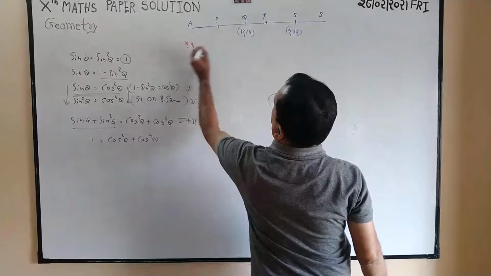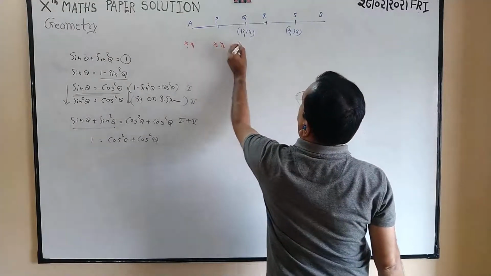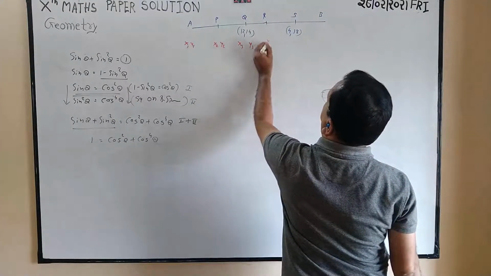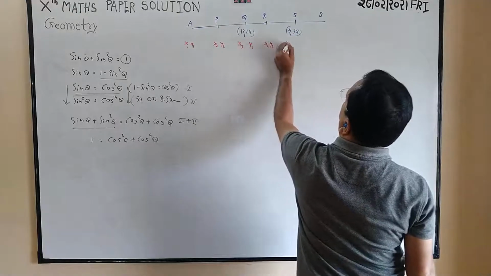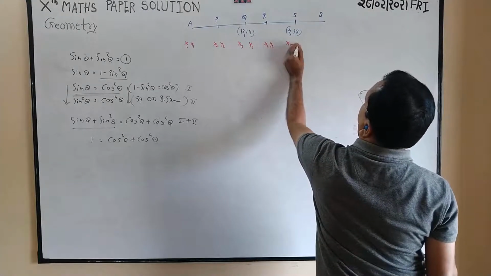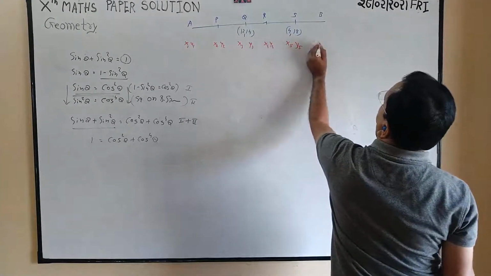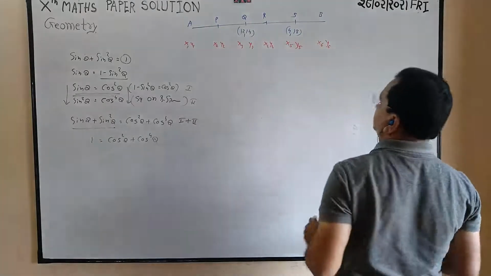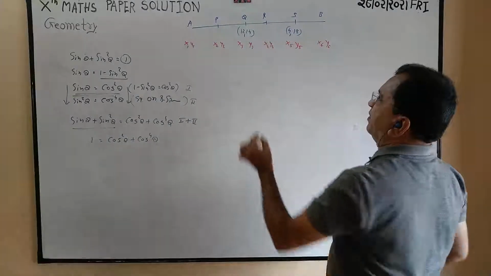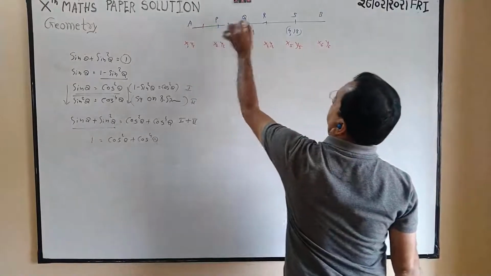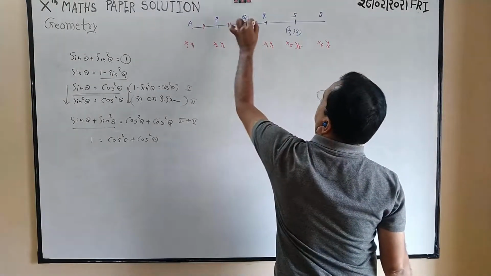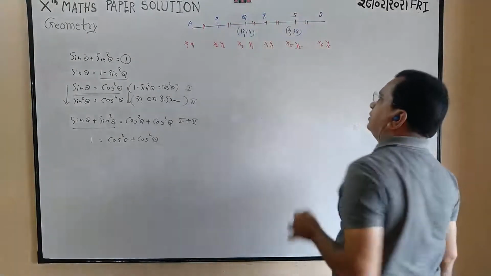These are x1, y1, x2, y2, x3, y3, x4, y4, x5, y5, x6, y6. All are equal parts they have given.